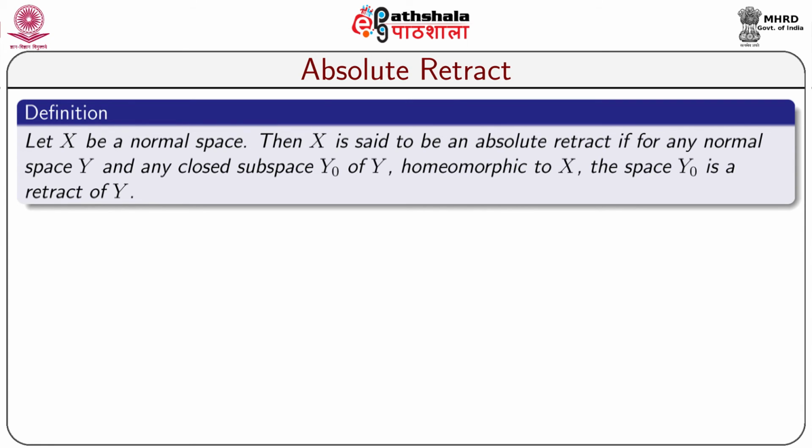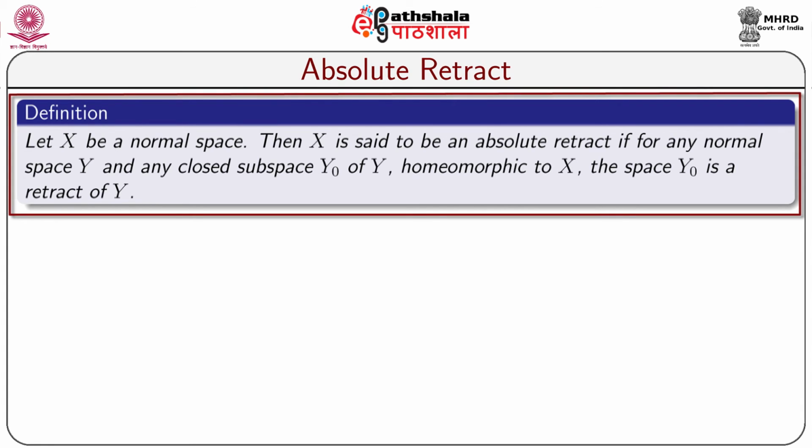Let capital X be a normal space, then capital X is said to be an absolute retract if for any normal space Y and any closed subspace Y naught of Y homeomorphic to capital X, the space Y naught is a retract of Y.